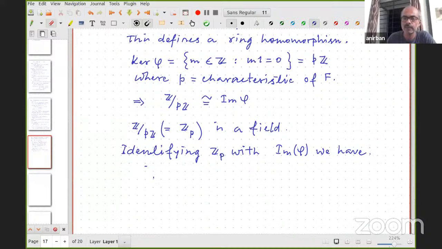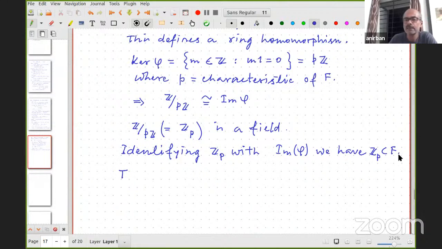So we have Z_p sitting inside it. Both are fields.